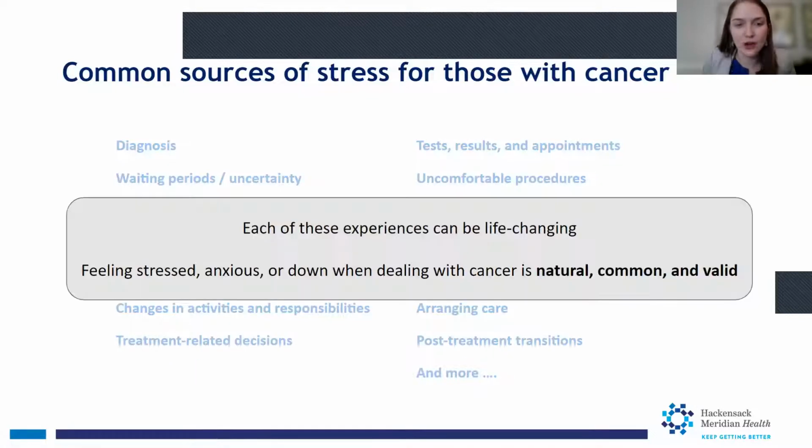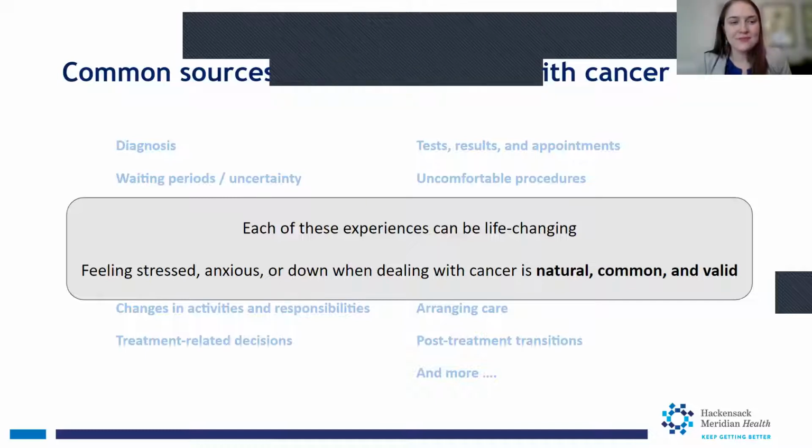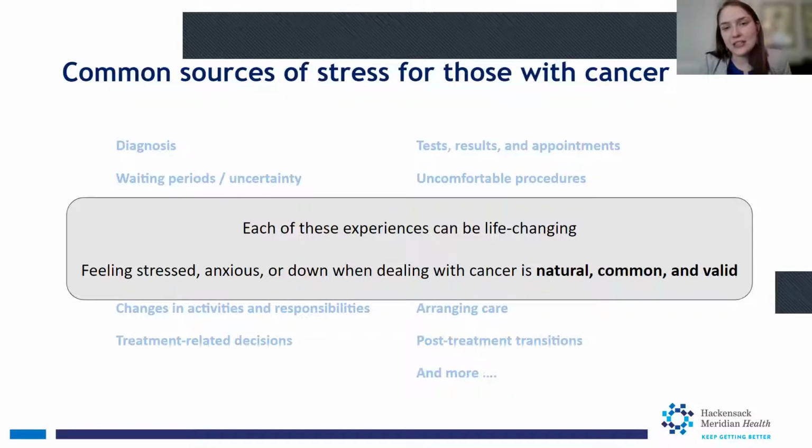And before we get too far in the talk, I do want to take some time out to say that each of these things on the list that I presented here can really be very serious and can be life-changing at times. And so when we are talking about stress, feeling stressed or anxious or down in the context of these experiences is very natural, it's very common, and it's very valid.